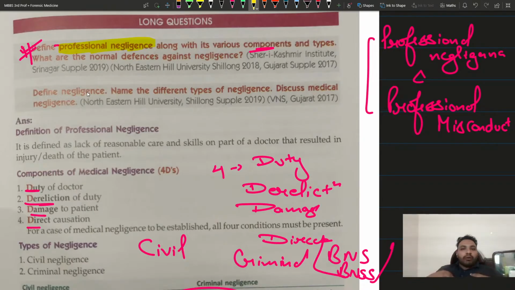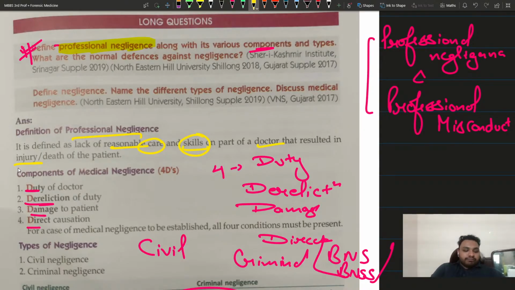Now, either the doctor did not give reasonable care to that patient, or the doctor was not skilled enough to tackle that emergency or situation. So we can say it is a lack of reasonable care and skill on the part of the doctor that results in injury or death of the patient, which means either the patient is injured or there is a death of the patient.